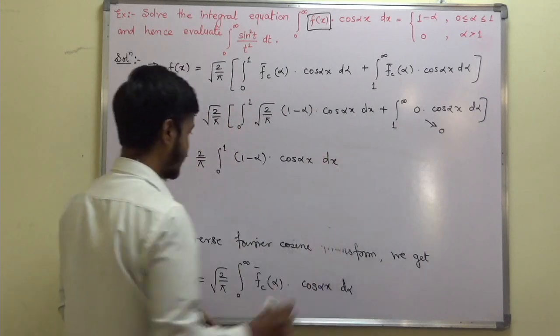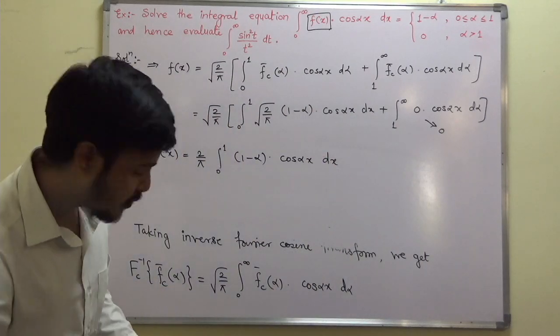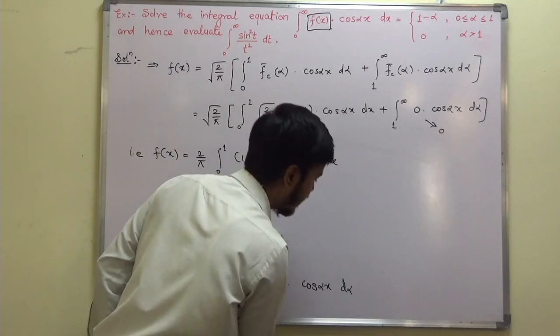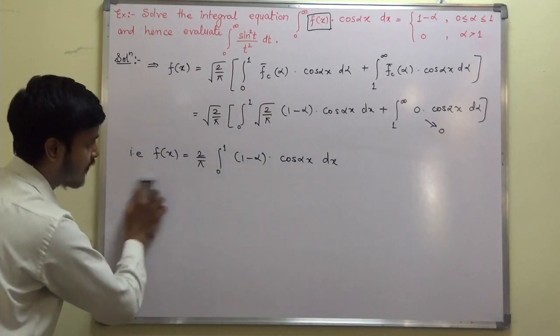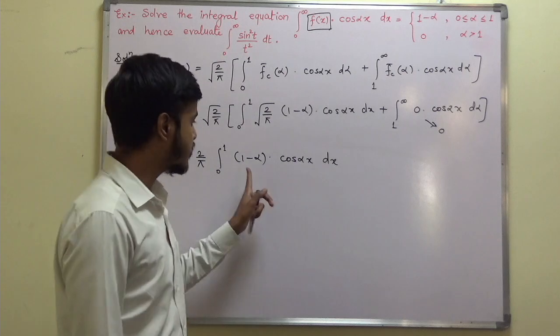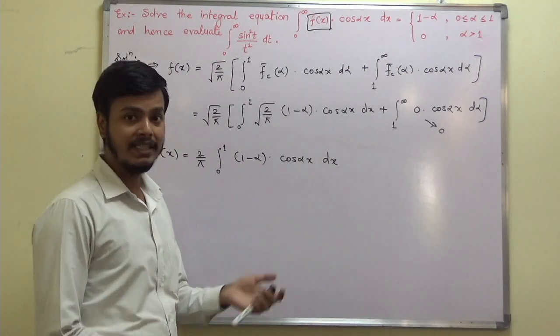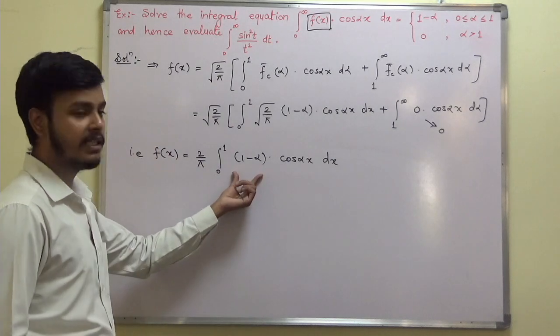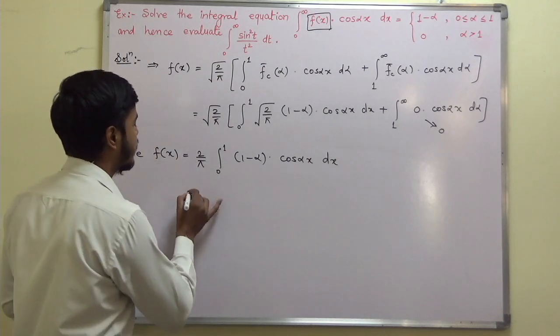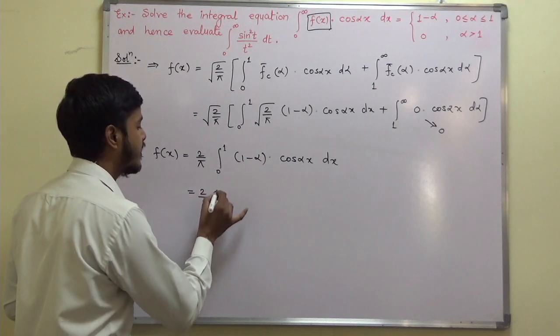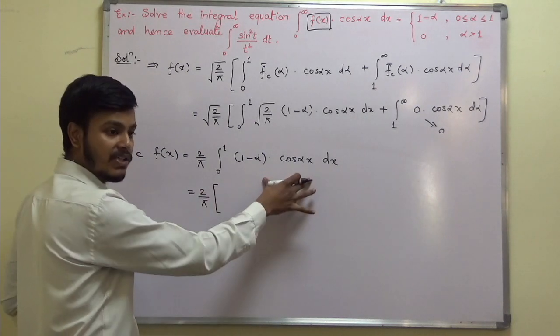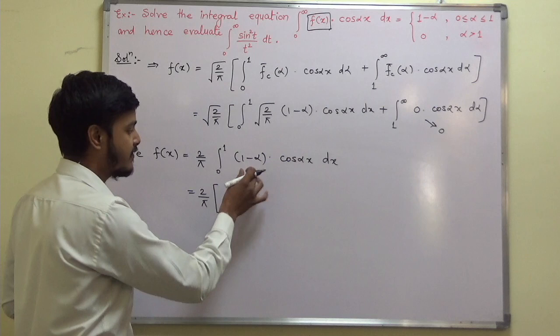So the root gets cancelled, integration 0 to 1 of 1 minus alpha into cos alpha x d alpha. Now I am going to make use of integration by parts, because we have the algebraic function over here and then we have a trigonometric function, so we can apply the standard formula for integration by parts. So you can just write it as 2 by pi and apply here integration by parts. Okay, so what is the first function?